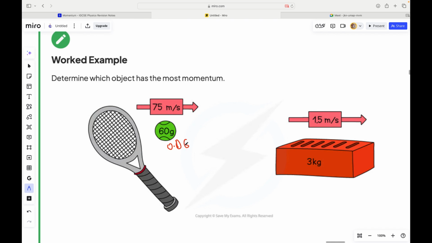You can see the ball's mass is very small when converted to kilogram. The mass of this object is very big, and the mass of the ball is very small. The speed of the ball is super huge, and the speed of this one is small.